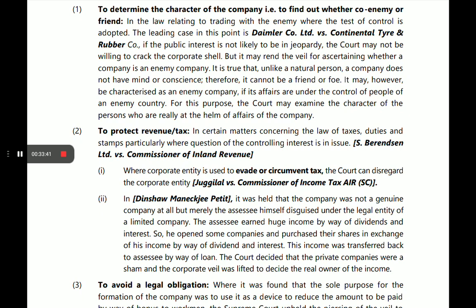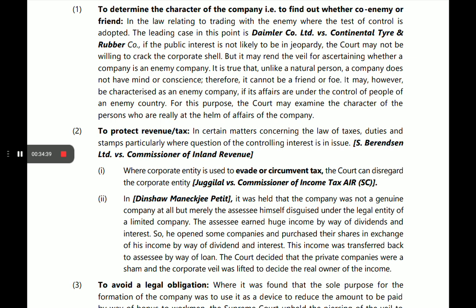To protect revenue: in certain matters concerning the law of taxes, duties, and stamps, particularly where the question of controlling interest is in issue, as in Bernstein Limited versus Commissioner of Inland Revenue, where corporate entity is used to evade or circumvent tax, the court can disregard the corporate entity.